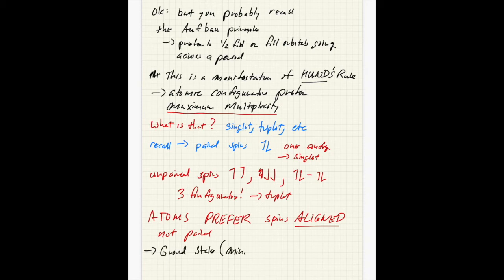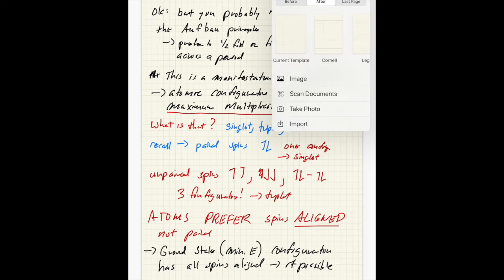All their spins are aligned. Now, this is, again, a preference. This is what it wants, but it's a good way of going about it. Now, this means that the ground state, or minimum energy configuration, has all the spins aligned. And again, total energy is set by the quantum number. We're looking at the potential energy here.